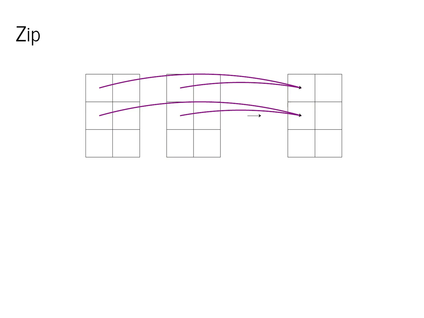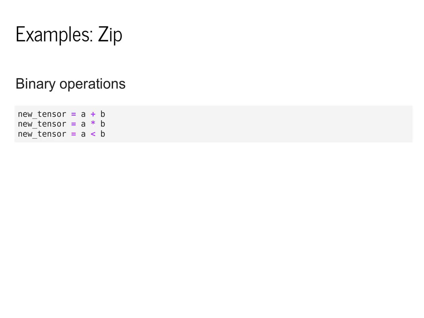It will produce a new tensor of that shape, and every index in the new tensor will correspond to applying a binary operation to the same index in tensor A and tensor B. Some examples of zip include adding tensors together, multiplying tensors together, and applying predicate operations such as less than. Each of these returns a tensor of exactly the same shape.